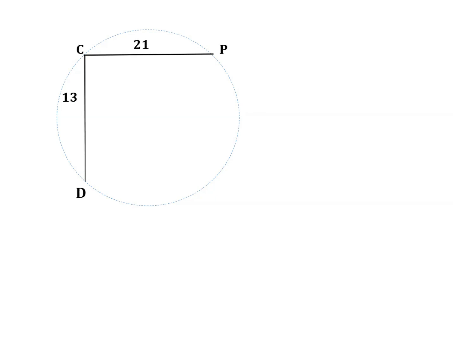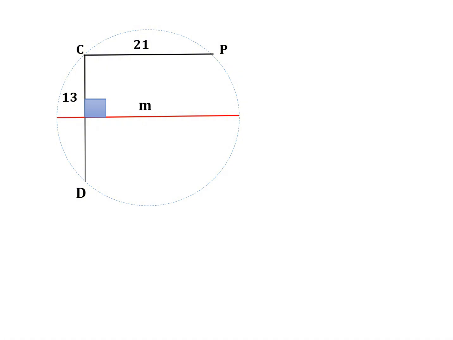So there are two chords, CD and CP, with the values 21 and 13. The red line is a bisector on CD. As a result, they are perpendicular to each other, so there is a right angle here, right?